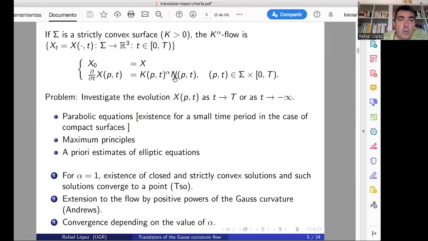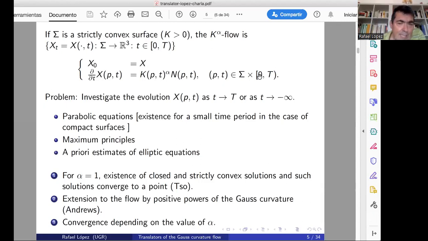Why? Because you need a lot of tools to work with this kind of equation. For example, parabolic equations. And then, for example, for t equals 0, there is always a solution of the flow, at least for a small t around t equals 0.